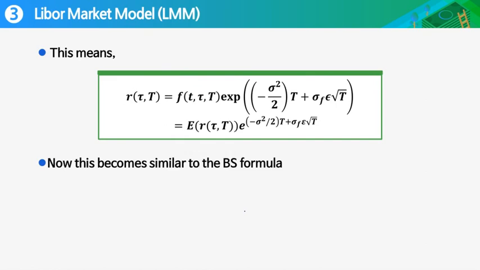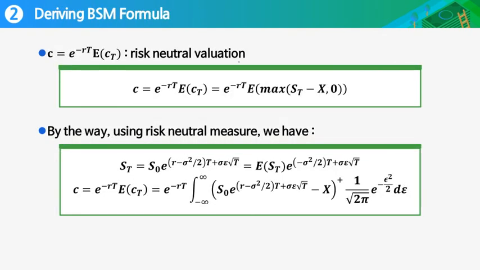So we have this one. Therefore, this means R tau t is simply F t tau T times the exponential of this term. This is exactly consistent with our previous Black-Scholes case. Let's look at the Black-Scholes setting again here. In the Black-Scholes setting, the future stock price is the expected value of the stock price times a mean one part. The expected value of this part is 1.